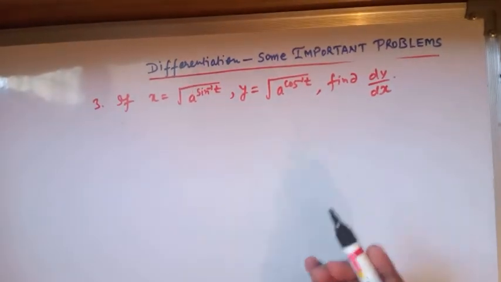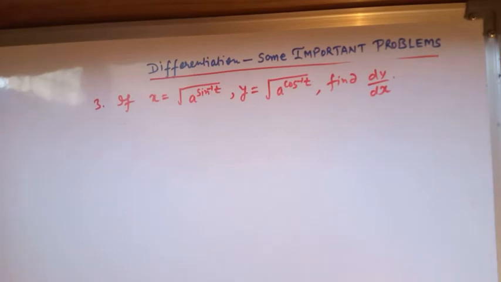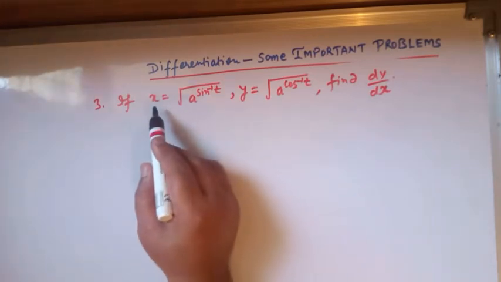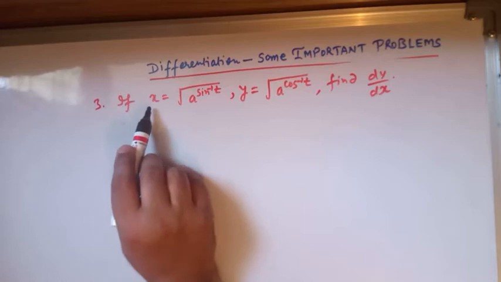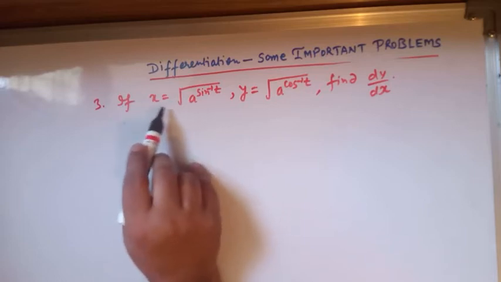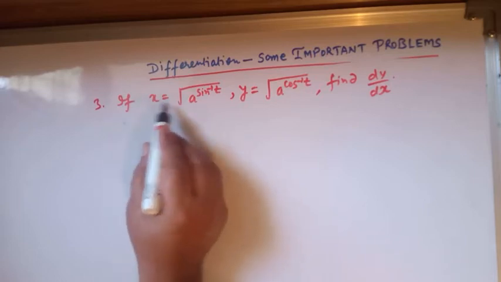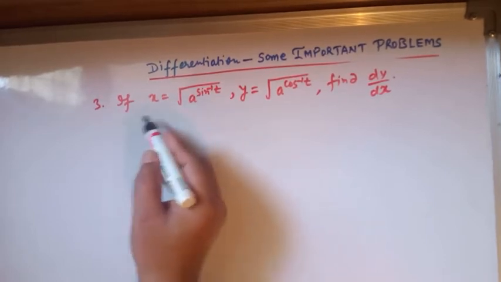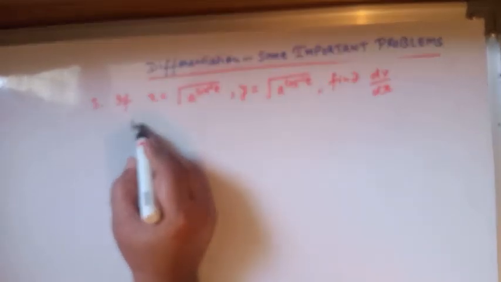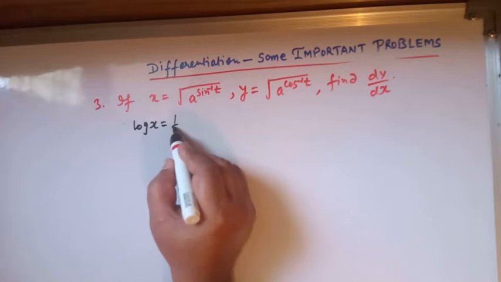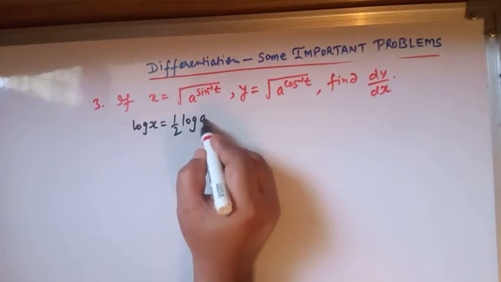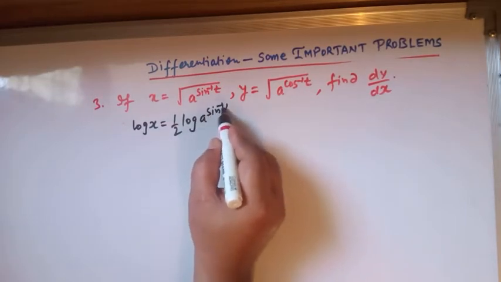Here we will make use of this. The question can be solved by many methods, and what I am using here is we'll take the square of both sides, or we can take the log of both sides. So we have log of x is half of log of a raised to sin inverse of t.